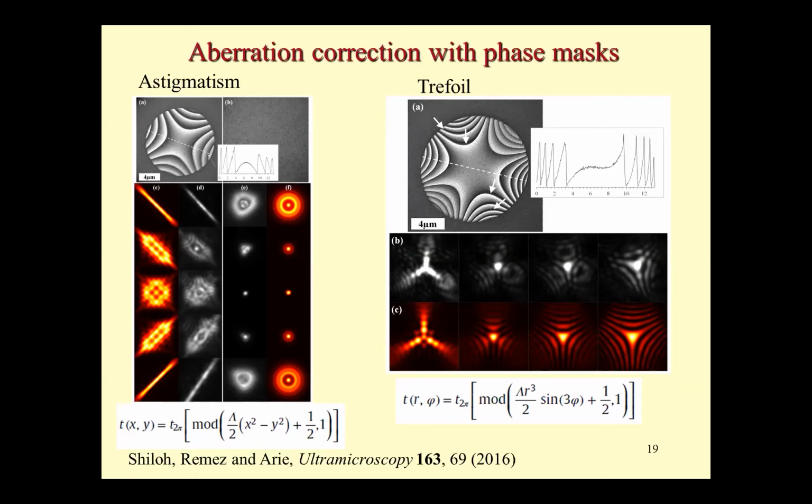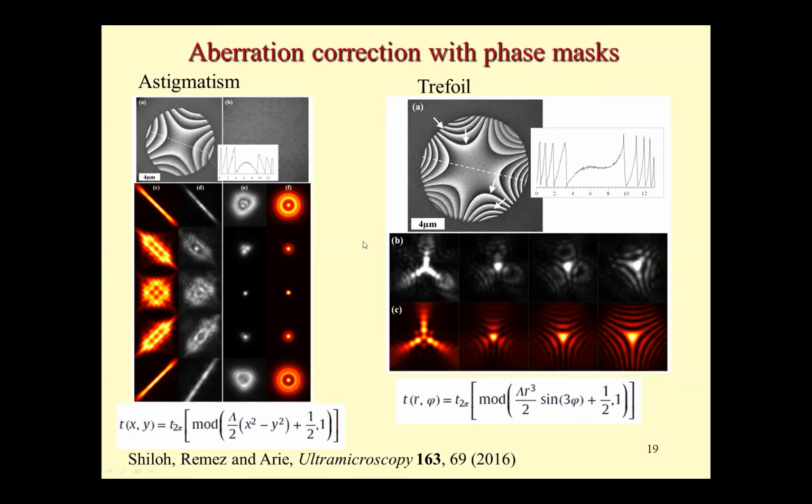But just to first understand, here we add astigmatism. This is the way the mask looks like. The colored ones are simulation, and these are measurements of how the beam looks like at the different z-planes.